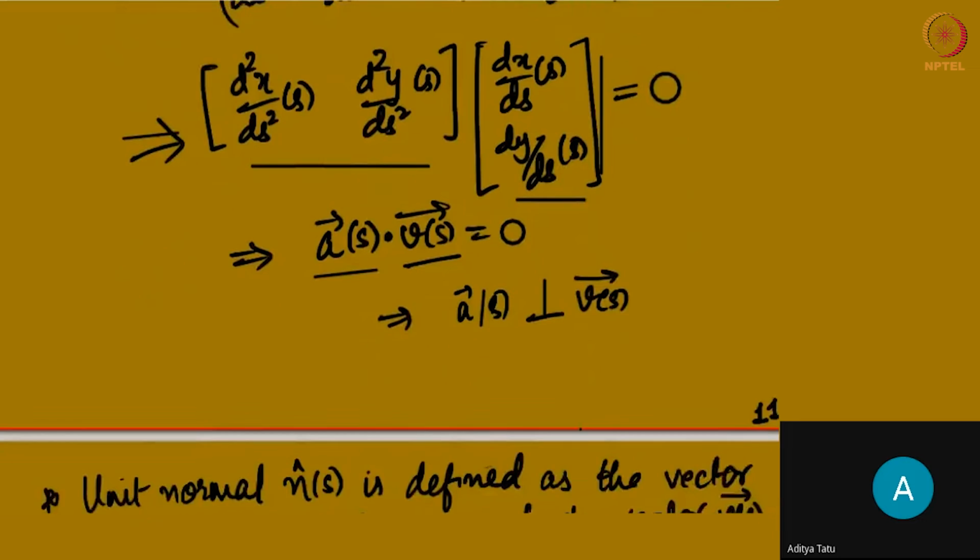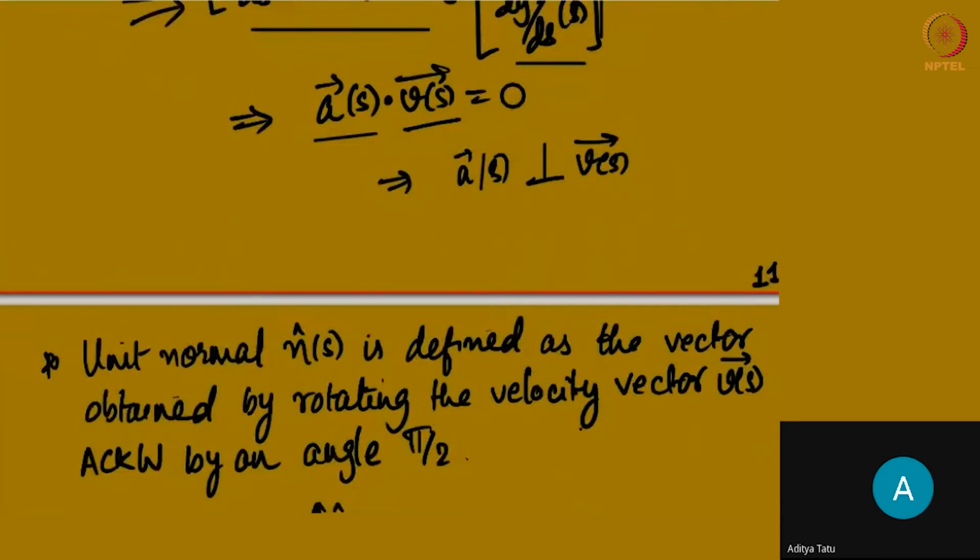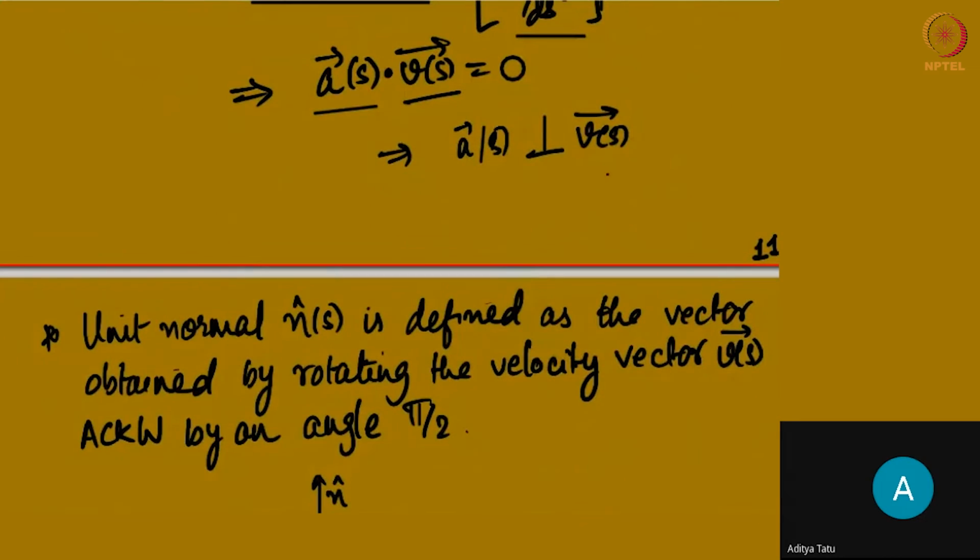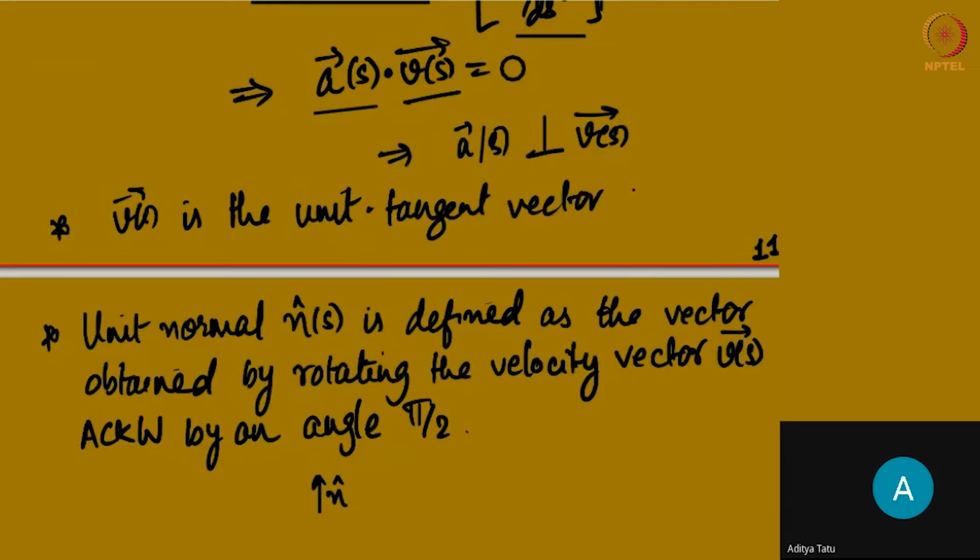So then let us look at another vector which is perpendicular to the velocity vector. Here I am again using the fact that your velocity vector is nothing but the tangent vector to the curve.